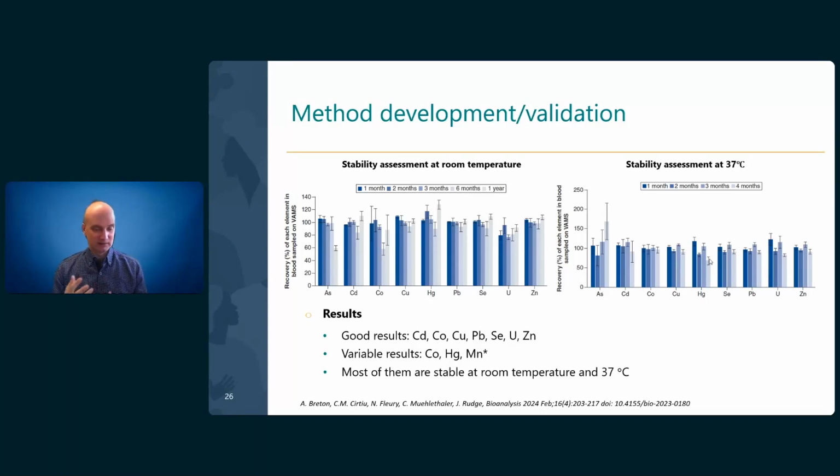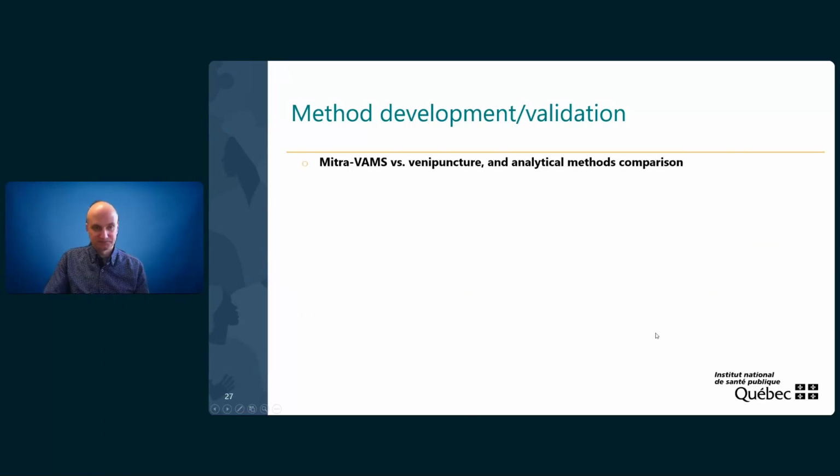But we then got good Mitra devices without manganese contamination, and it allowed us to fully validate the method for manganese. But unfortunately, the stability test is not yet completed. So roughly, most of them are very stable at room temperature, as well as at 37 degrees.